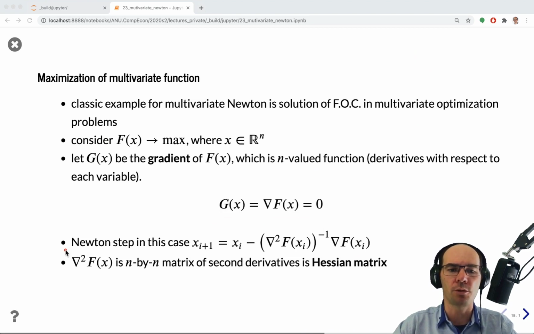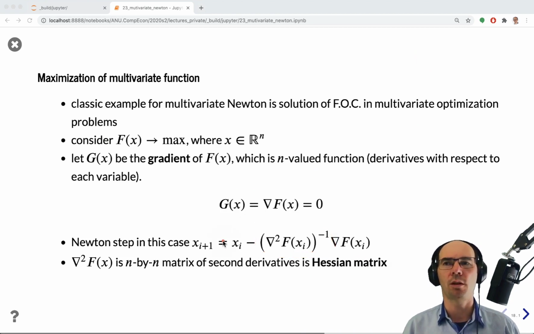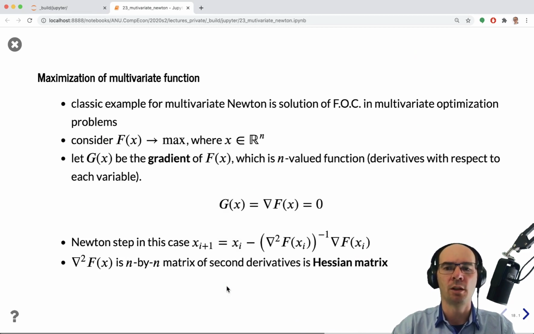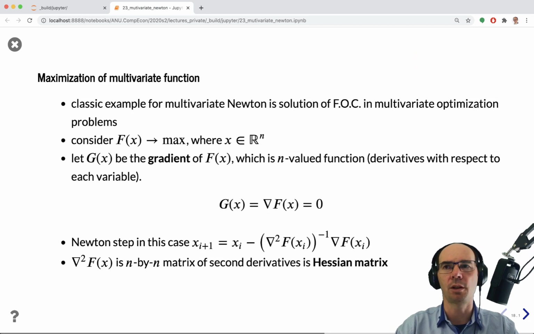And then, of course, we can do a Newton solver on this equation, except now we need to calculate the derivative of the gradient. This is what's called a Hessian matrix, and it can be written like so. So Newton becomes the optimizer, the method that solves the first order conditions for some multivariate maximization problem. This is a typical application for multidimensional Newton method, although there can be other applications as well.